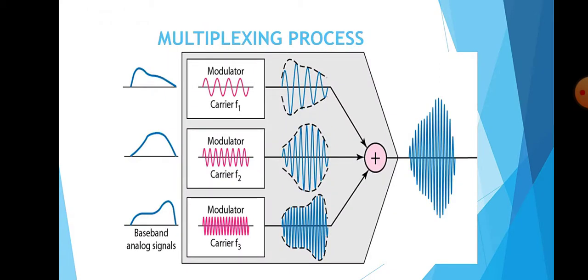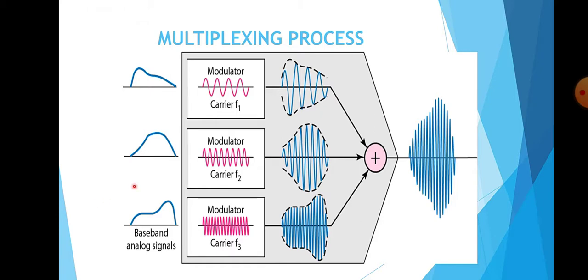So now we'll take the multiplexing process. In the case of multiplexing, initially the source will generate signals of similar frequency range. The multiplexer will receive those sets of similar frequency range signals, and it will modulate them onto different carrier frequency signals.